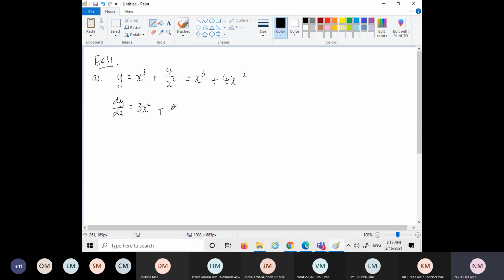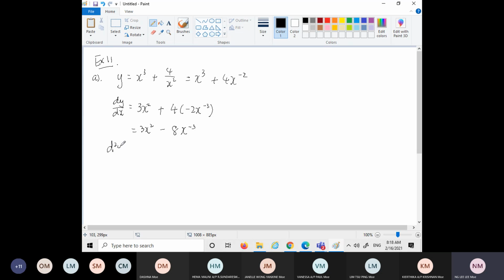Now I differentiate this, I get 4, bring down the power -2, the power minus 1, -2 minus 1 is -3. So I get -8x^-3. I think I will just leave it, I don't make it into fractions, because I need to differentiate one more time.